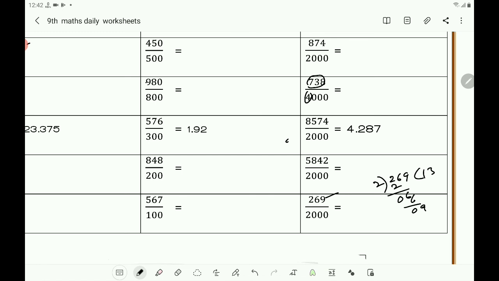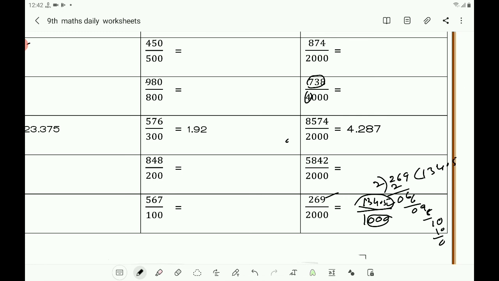And 9 you take. 2 4s are 8. 1 put point. And 5. 2 5s are 10. You got 134.5. 134.5 by 1000. Here 1 digit is there. Extra 3 digits means all we have to take. 0.1345 you will get.